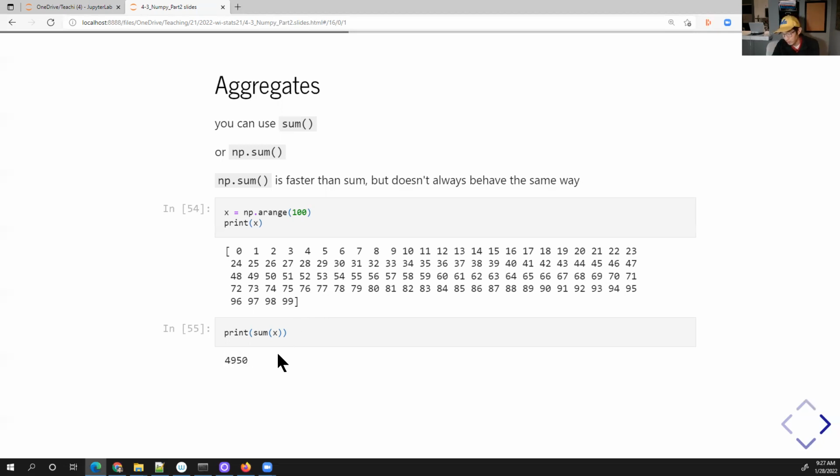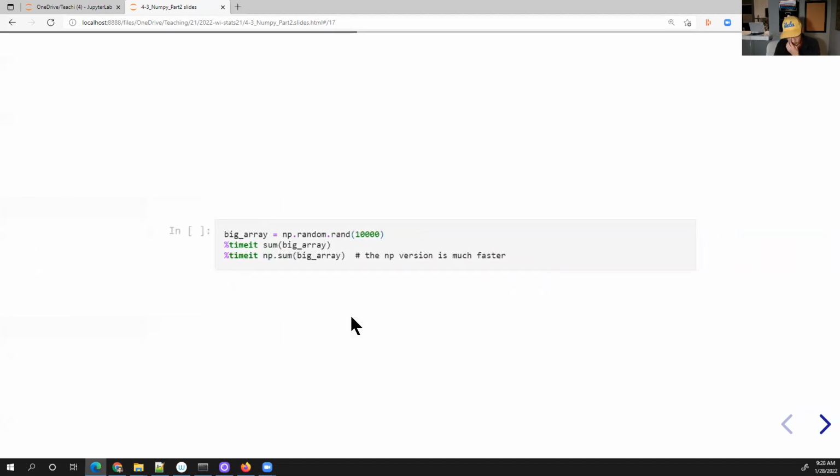So indeed, we get 4,950. And if you do numpy.sum, you get the exact same value. Both yield the same results here. So that's fine. For a one-dimensional array, sum and numpy.sum behave exactly how we would expect.